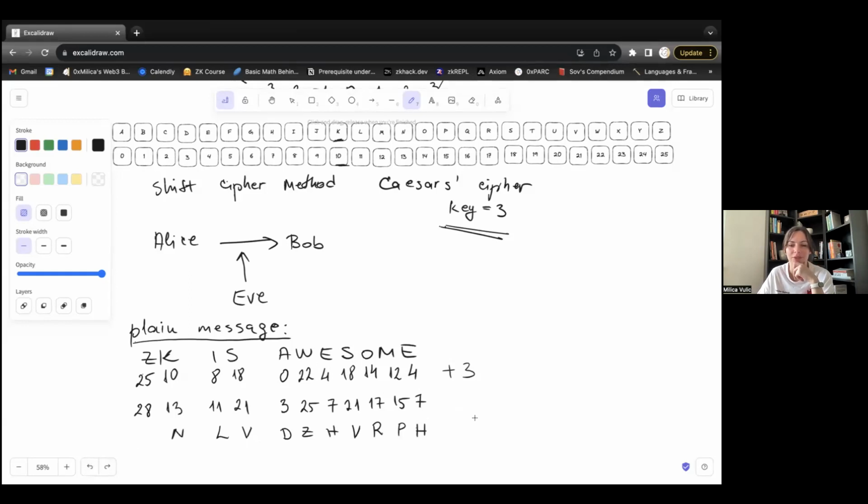So we have to do 28 modulus 26 to see what it yields to, so what kind of letter we're going to have out of this alphabet.